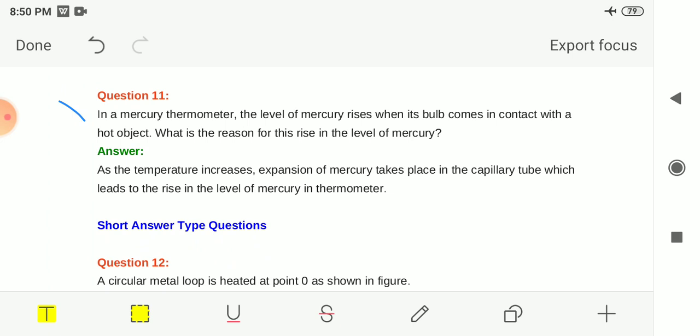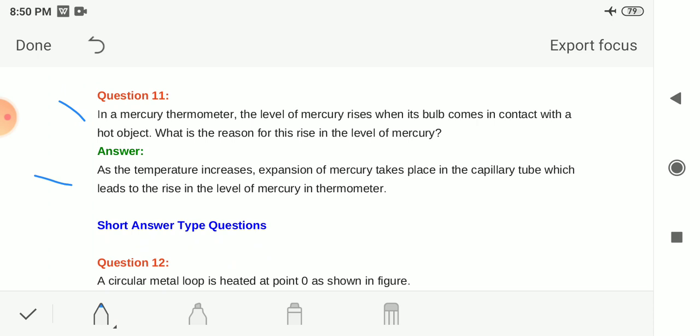As the temperature increases, expansion of mercury takes place in the capillary tube, that is the thin, hair-like tube inside this thermometer, which leads to the rise in the level of mercury in the thermometer. So when this bulb comes in contact with the hot object, the mercury level rises in the thermometer. So this is the reason.